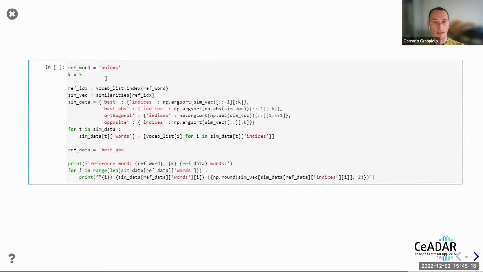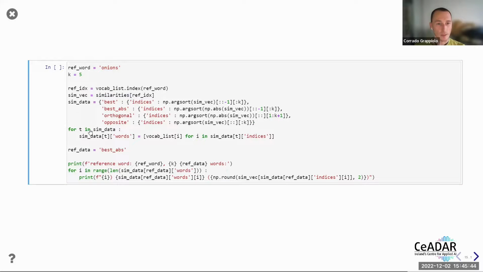We can have a look at the feature vectors and the cosine similarities of the trained neural network that I showed you earlier. So in this piece of code, we want to extract k words which have some relationship with onions. By relationship, I mean in terms of cosine similarities. It was pre-calculated.